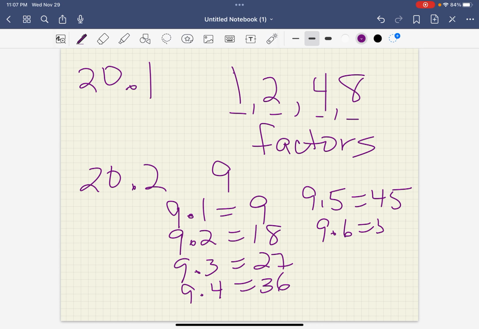Oh, and it said less than 50, so we leave that one out. So the multiples of 9 that are less than 50 are 9, 18, 27, 36, and 45. So you get the multiples by taking the number they give you and start multiplying by 1, by 2, by 3, by 4, by 5, until you accomplish everything that they've asked you to find.